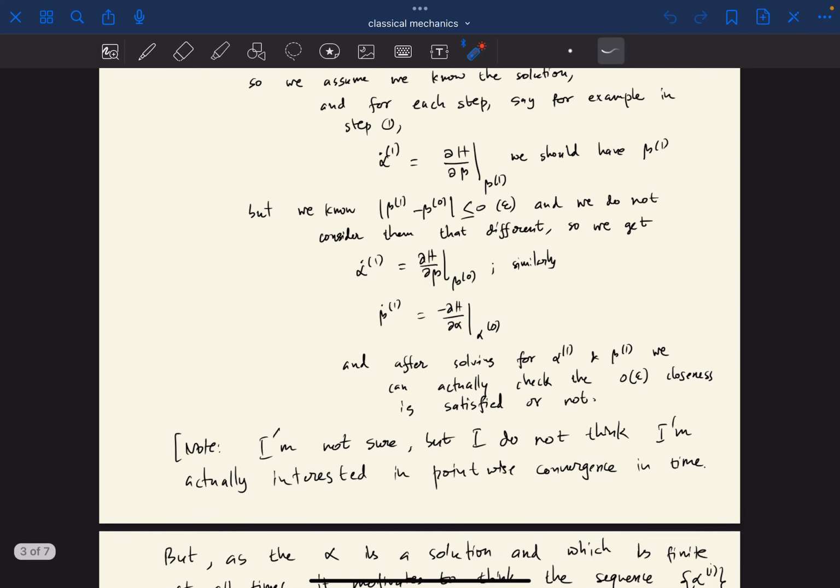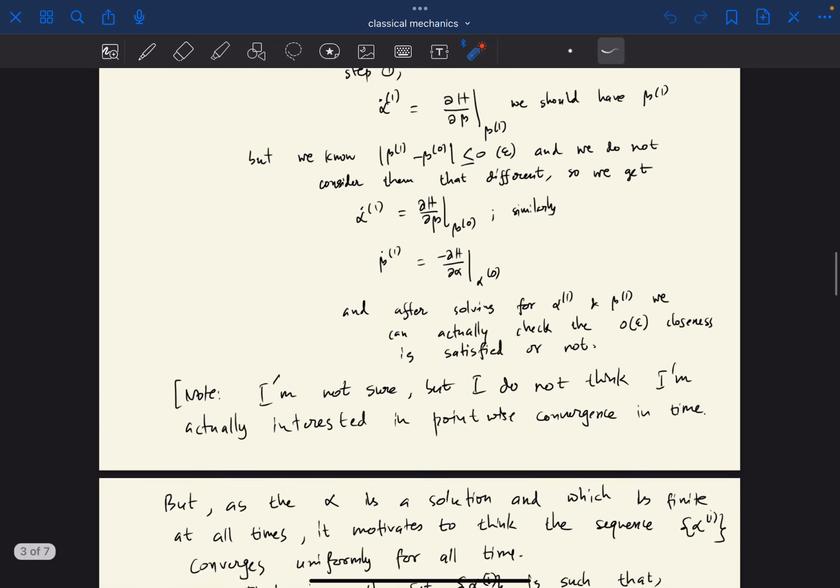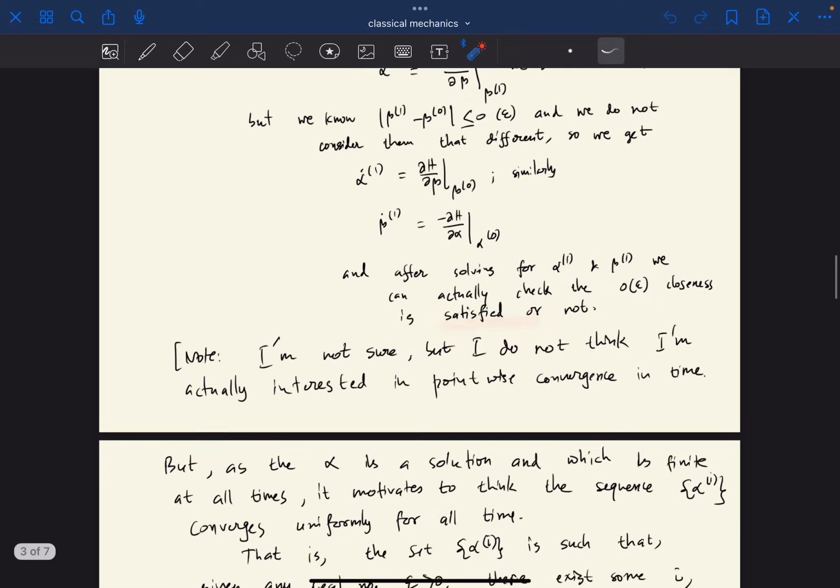Similarly, beta dot 1 equals this evaluated at alpha 0. So after solving for alpha 1 and beta 1, we can actually check whether the order of epsilon closeness is satisfied or not.